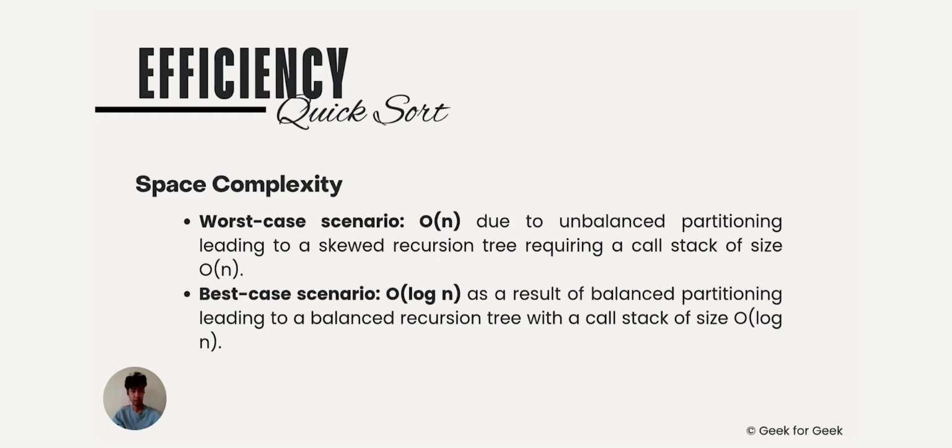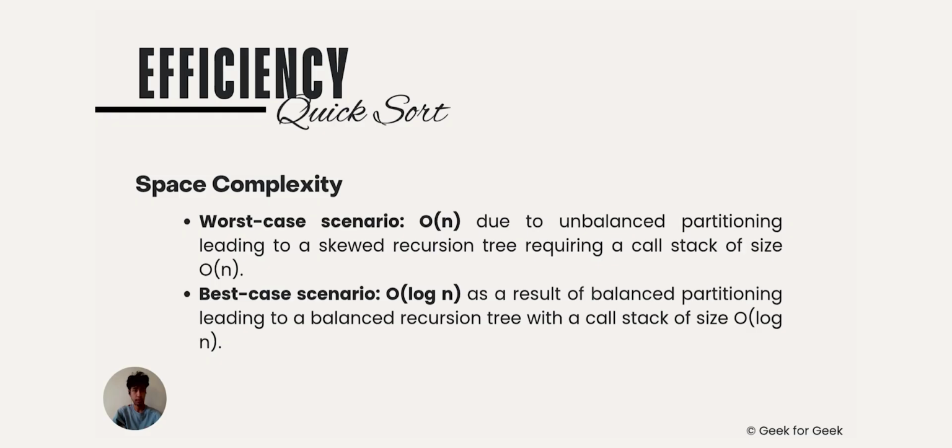The best case scenario, which is O(log n), is a result of balanced partitioning leading to a balanced recursion tree with a call stack size of O(log n). That means the space usage mainly comes from recursion, not from extra arrays.